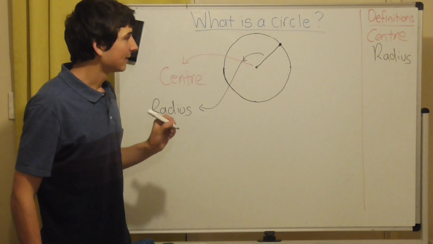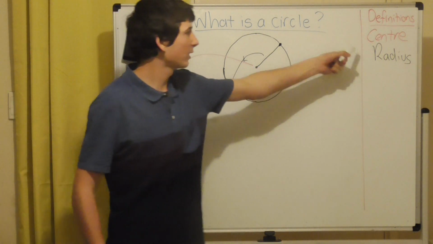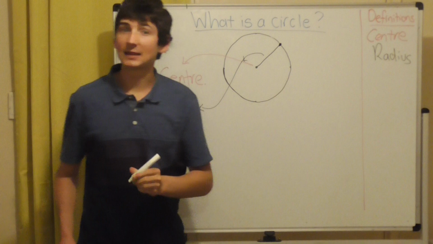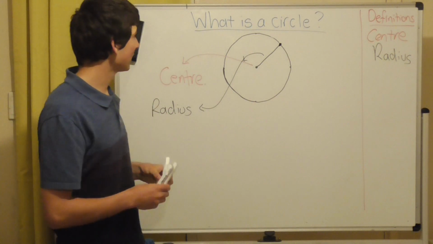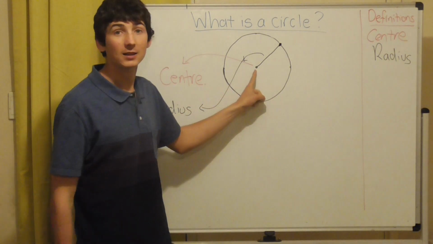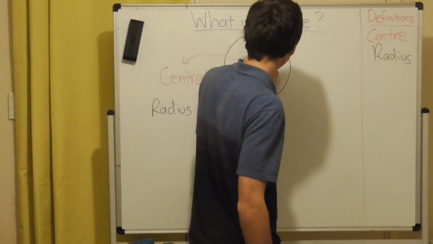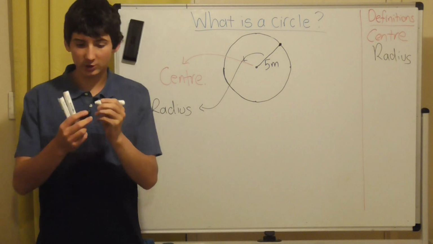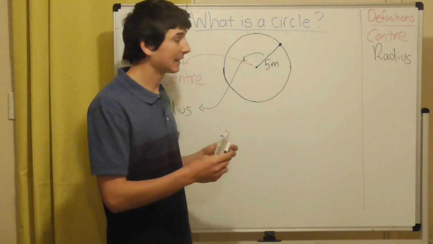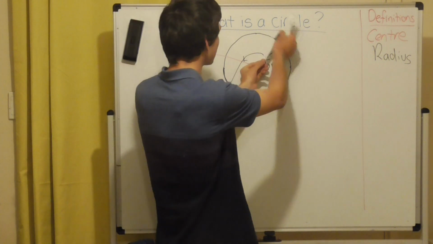And now that we've got these two things, we automatically have our circle. If you give me a certain point, say here, and you say my radius is 5 meters, then I can draw you a circle because I just get something that's 5 meters long and I spin it around.